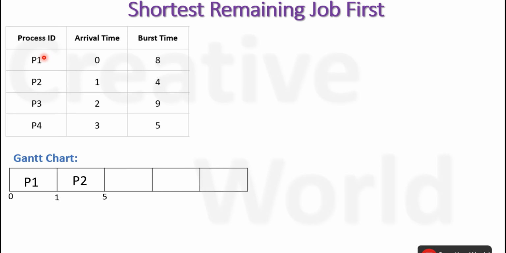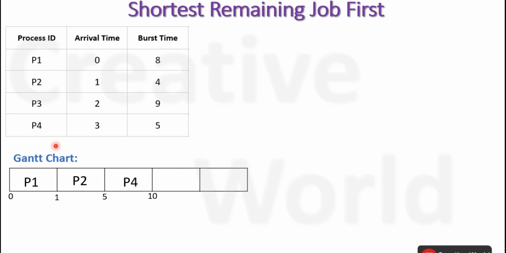So the process P1 is 7 because one burst time is executed and 7 burst times are remaining, while process P3 is 9 and process P4 is 5. So out of these 3 processes P4 is shortest. So P4 will be executed first and it will be executed up to 5 burst times. So it will complete at time 10.